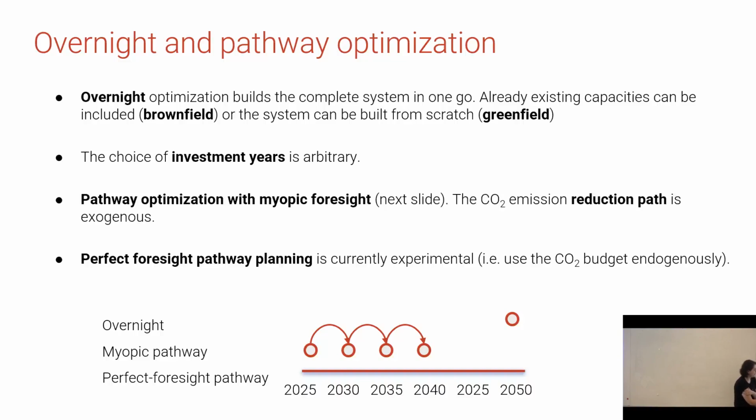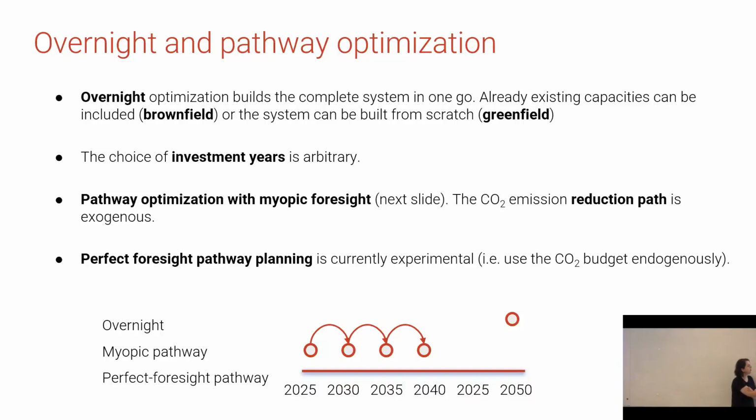This perfect foresight is currently under development. You cannot use it today because there are some computational challenges associated with non-linearity of the social cost of capital cost that you assume and things like that. Other than that, you can also select to include the existing technologies in what is called a brownfield analysis, the existing capacities, or do a more explorative analysis, building the whole system from scratch, and this is what is called greenfield analysis.